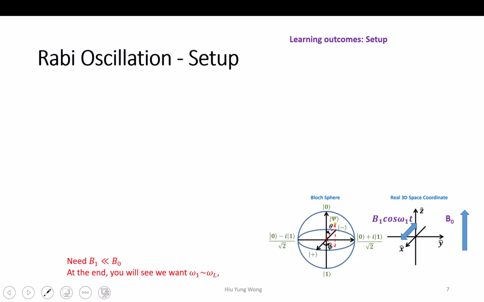Even not for quantum computing in the old time, for magnetic resonance, nuclear magnetic resonance, right? So another idea is, in addition to this external magnetic field pointing in the z direction, we're going to apply an AC magnetic field in the x direction, with the field being very small.